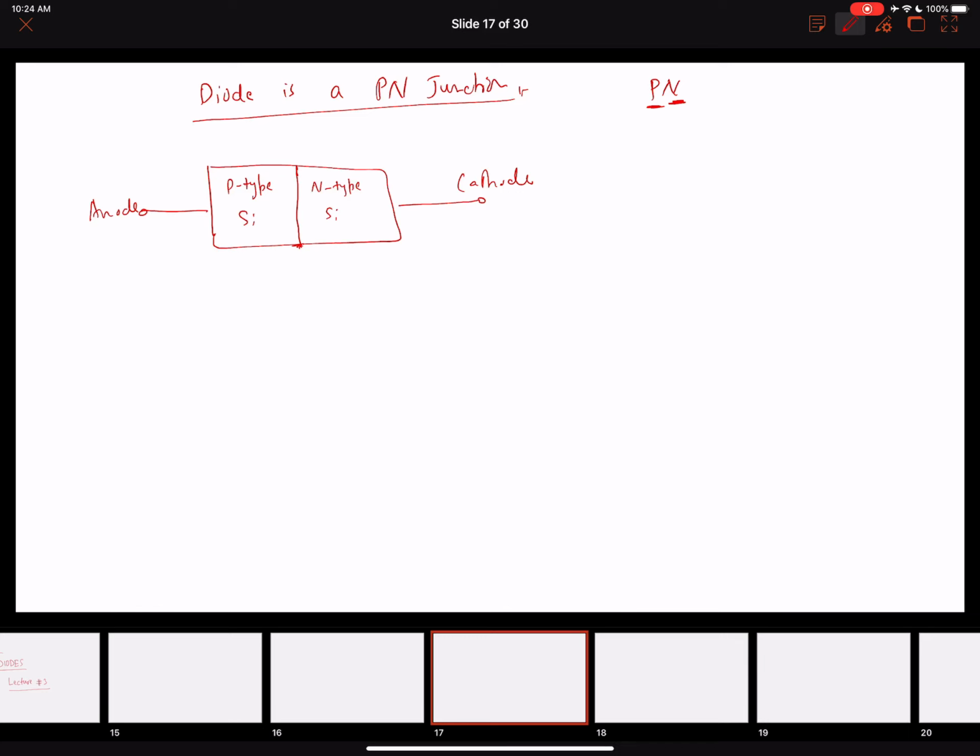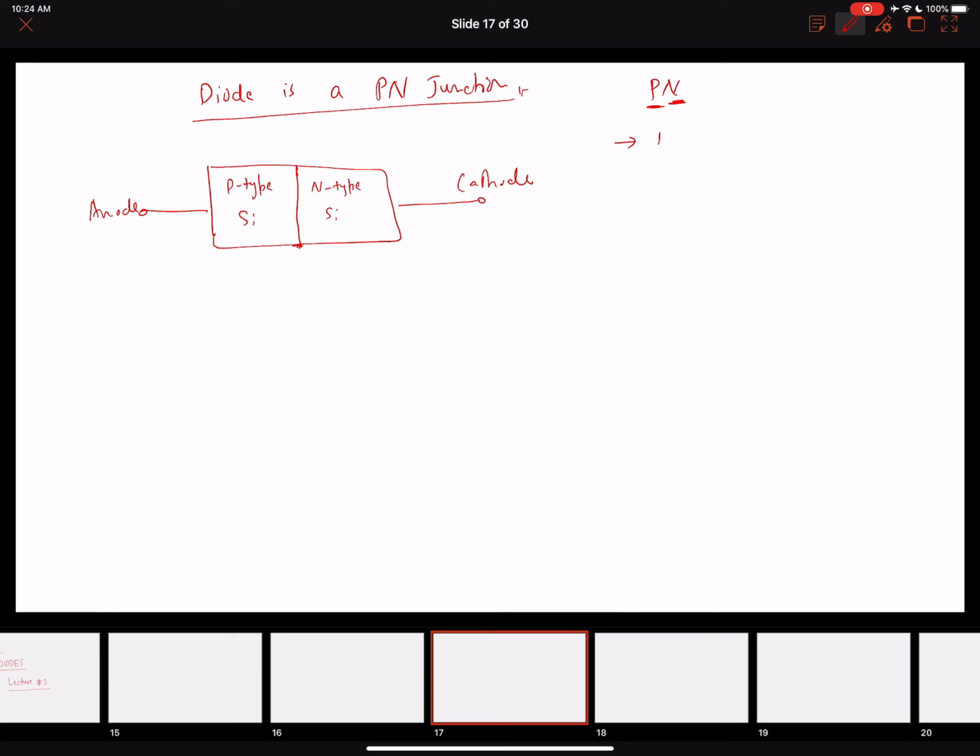Before I start talking about how conduction happens in a PN junction and in a diode, one quick thing: a PN junction is not created by combining p and n-type materials together. We always start with the same silicon crystal and have different dopings, p-type doping and n-type doping, on the same crystal.